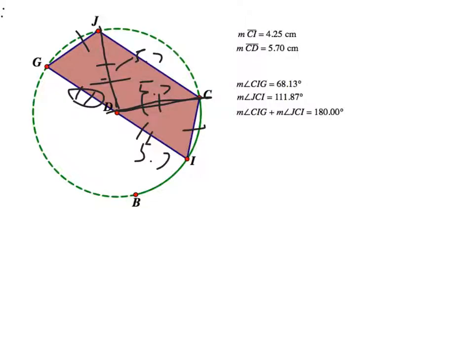So when we're looking for our height, we're going to cut this in half. Now right here we have a 90-degree angle because we cut that in half. And then right here we're going to have two 45 angles.